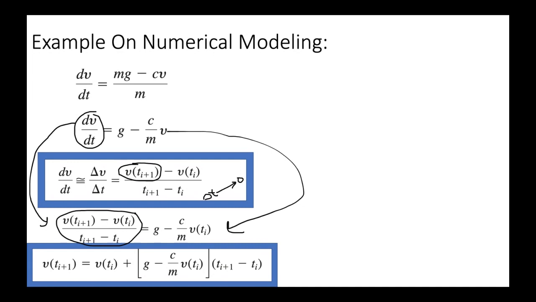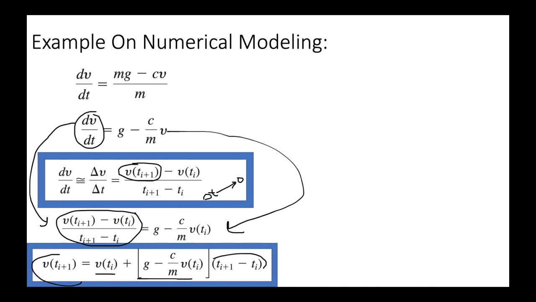As we discussed before, the definition of the computational method is to convert these types of problems to arithmetic operations. So after that, it's very easy to solve, right? So v of t plus 1 equals v of t plus this term, which also includes v of t and the delta t. So this is the delta t here.